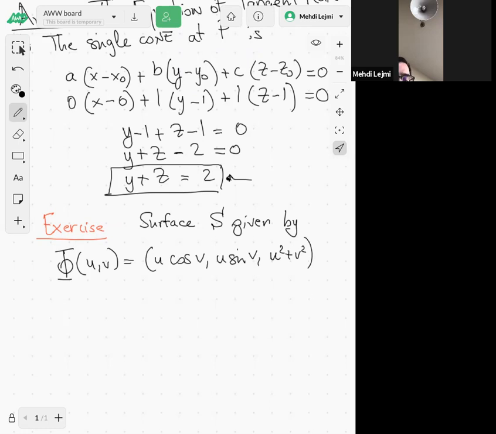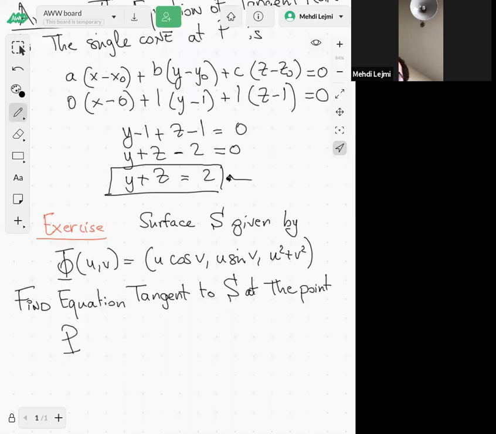The question is to find the equation of the tangent plane to the surface S at the point P equals phi of 1, 0. So u is 1, v is 0, so the point is 1, 0, and then 1.